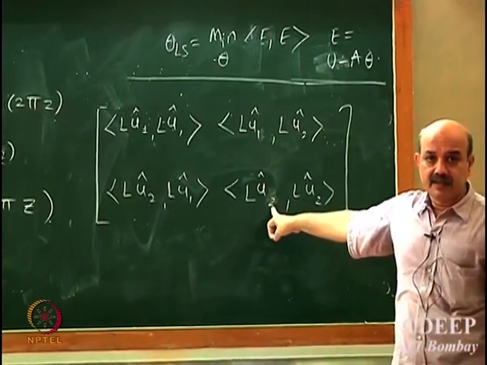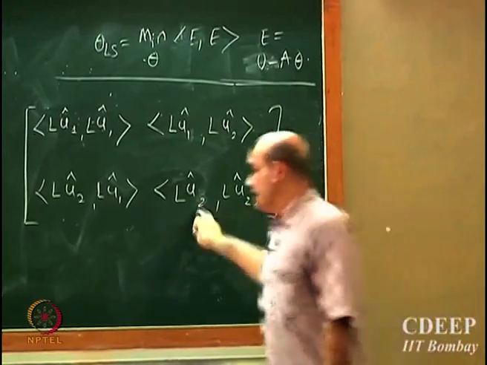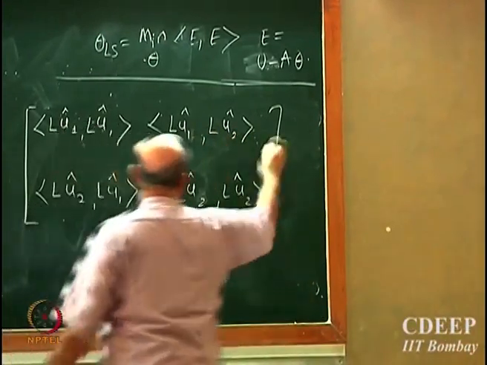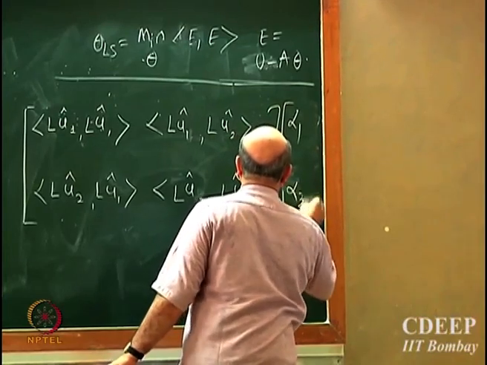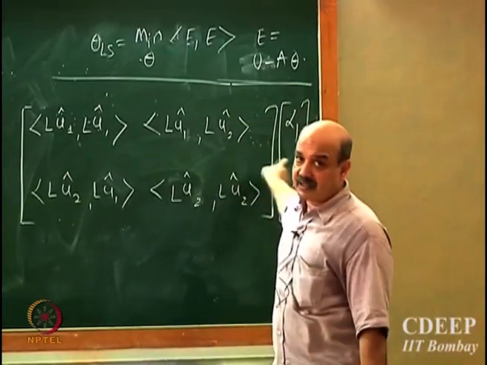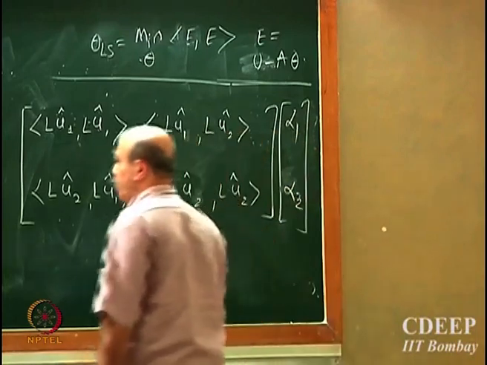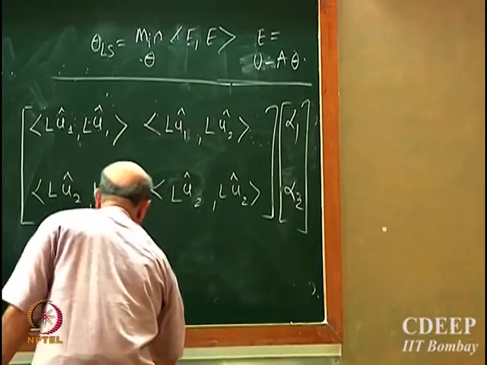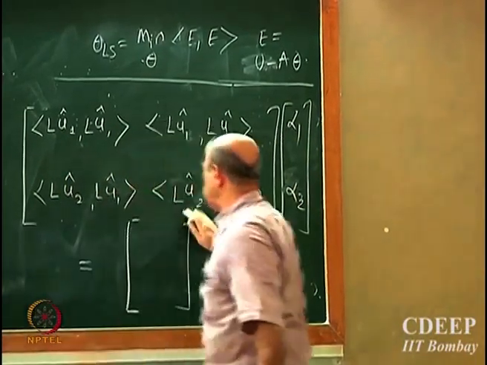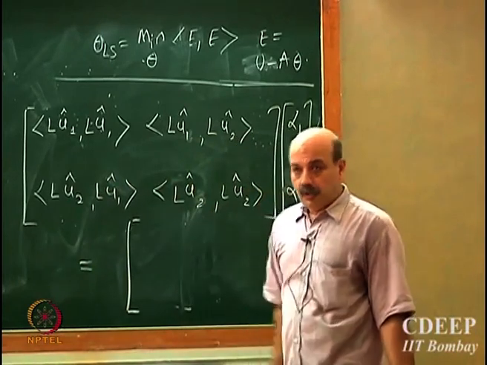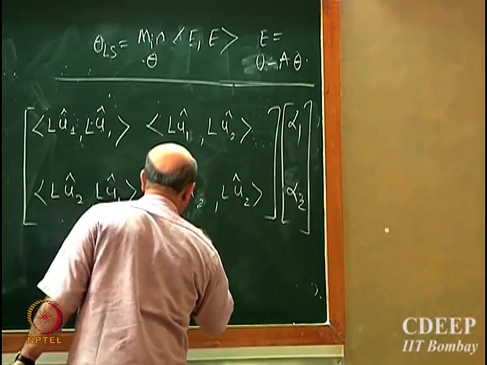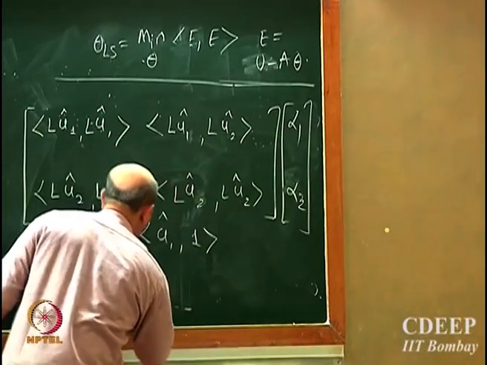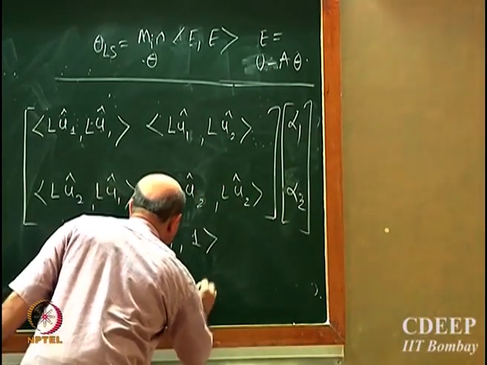This matrix times alpha 1, alpha 2 will be equal to the inner product of L u1 cap with 1, and the inner product of L u2 cap with 1.